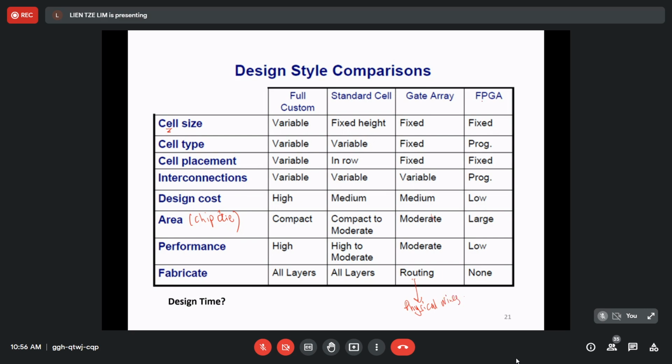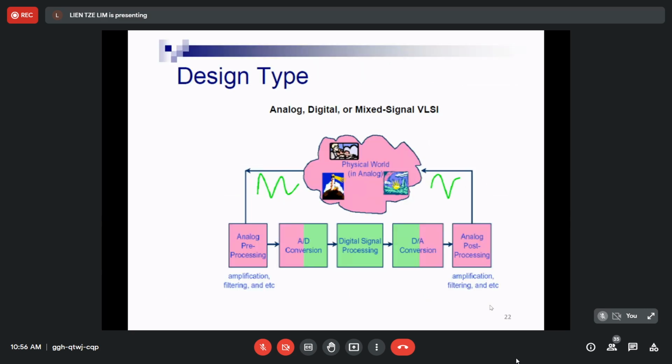For FPGA, there is no need of fabrications, because for FPGA the IC is already there. So we just need to design the program and then download it to the IC to perform a specific task. So that is all about the comparisons between the design styles.